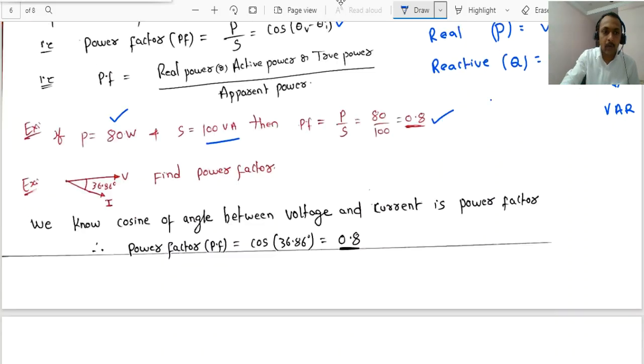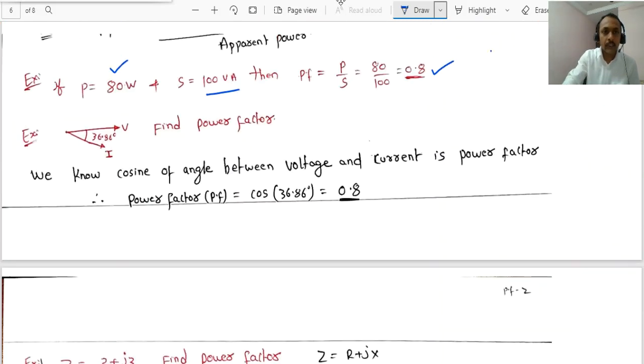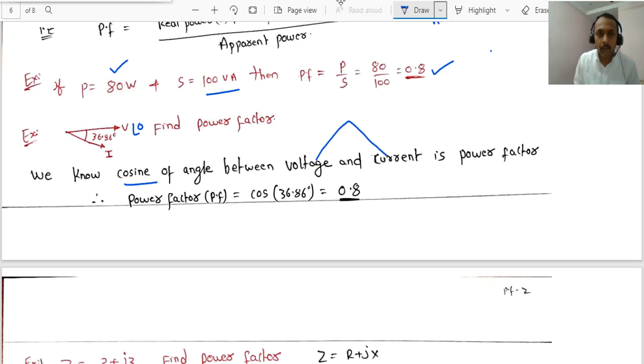In this diagram, you observe the voltage phasor V at an angle 0 and the current I at an angle 36.86 degrees. What is the other definition? Cosine of the angle between voltage and current. So cos of, you don't need to bother whether it is plus 36 or minus 36. Cos of minus theta is the same as cos theta.